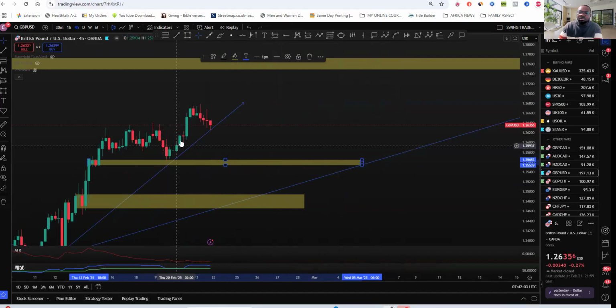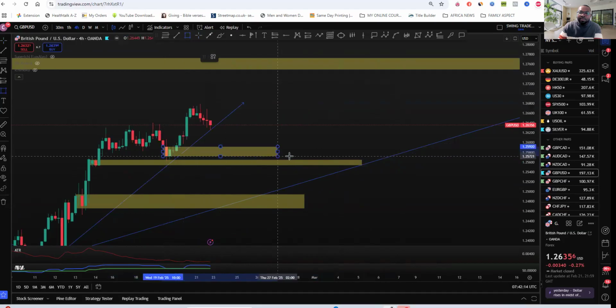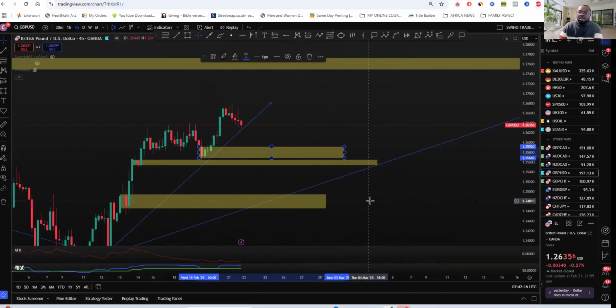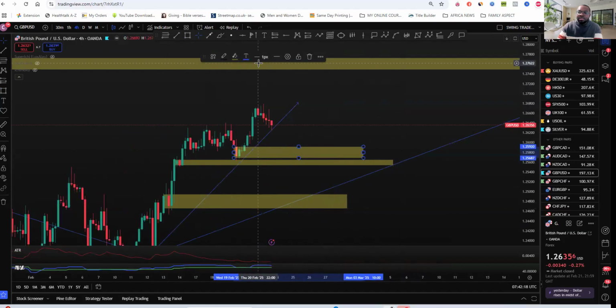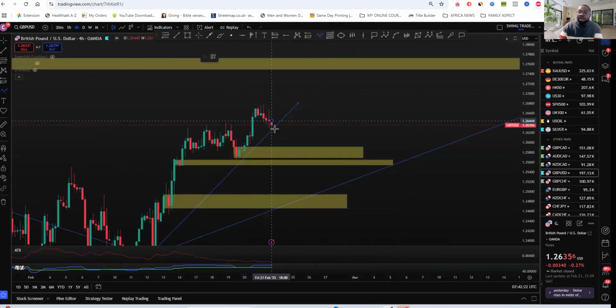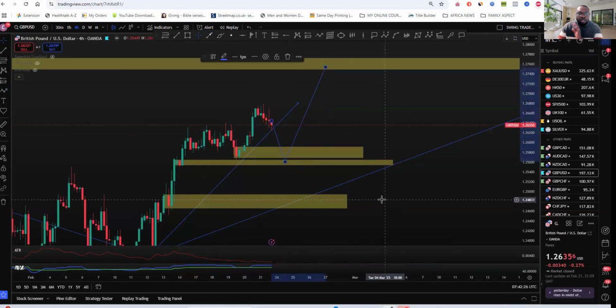Of course, this is an order block, but we want to look at a secondary order block, or possibly let's look at this one. This is the 4-hour time frame. We're looking at this order block as well. So now what I'm saying is price could and may break lower before rallying up. It could do that.